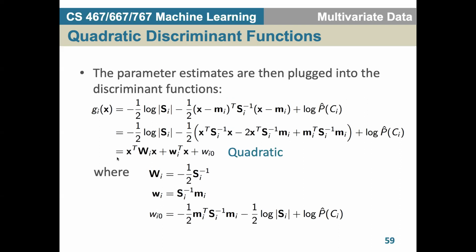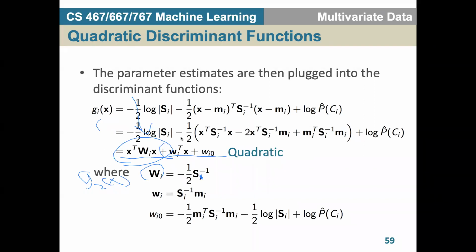Now for g1(x) and g2(x), does this term play a part anymore? The answer is no. For the same x, your S is the same. So this term is the same when you compute g1(x), g2(x), g3(x). So the relative order is really decided by this term, which is linear. The quadratic term is gone.